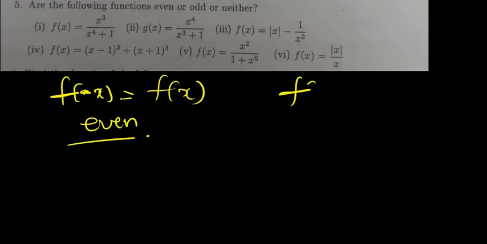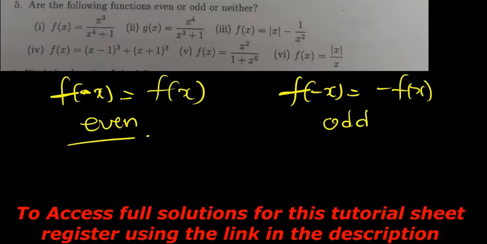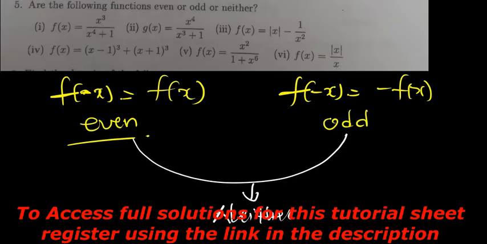If f of -x gives me -f of x, then this function is odd. If these two are not attained, then the function is considered as neither. Neither even nor odd. Okay?